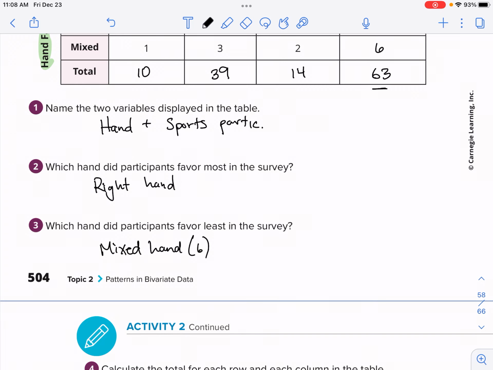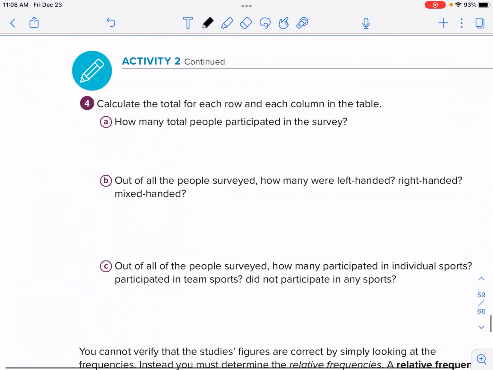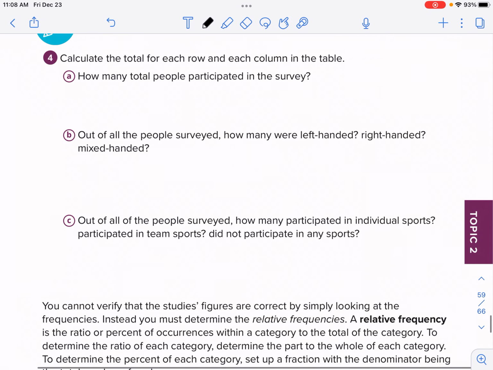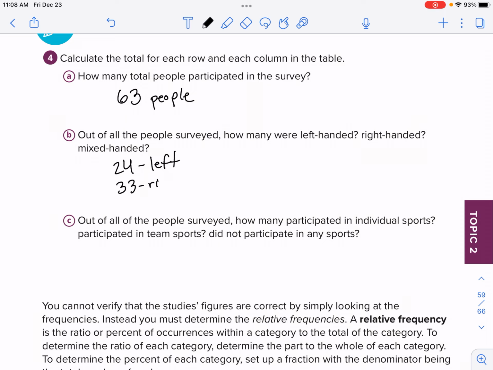So we're going to be answering some stuff from there, but let's move on to these other questions. Number 4, how many total people participated in the survey? We added it already. It was 63 people, or students. Out of all the people surveyed, how many were left-handed, right-handed, and mixed? There was 24 left-handed, 33 right, and 6 were mixed.